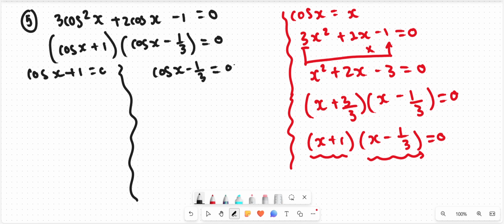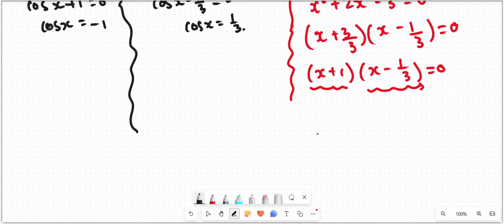These are both equal to 0. So for this one, cos x is a third, and for this one, cos x is a negative 1. Right? So let's solve for each of those, their reference angle and which quadrant they're going to end up in, and what is the actual solution.